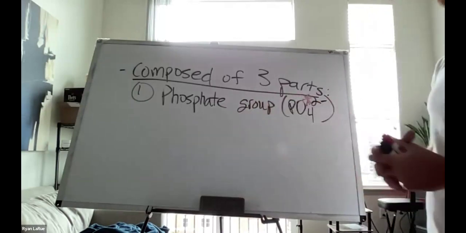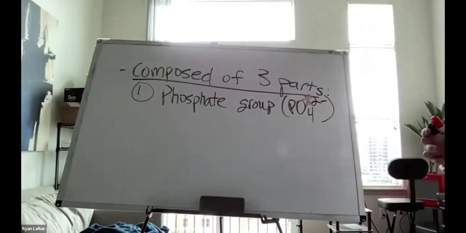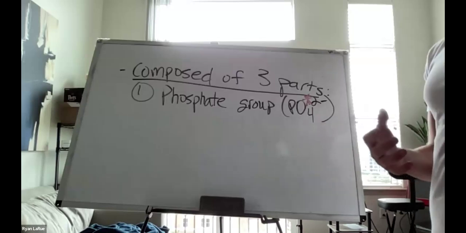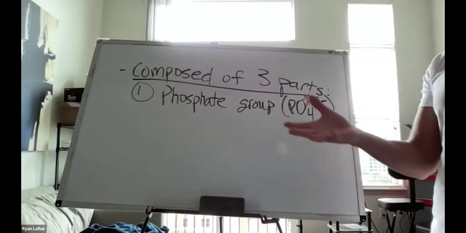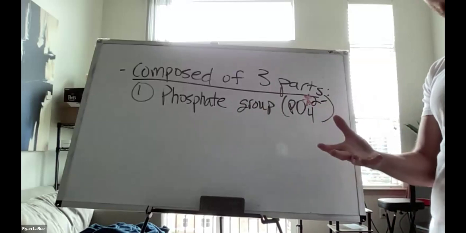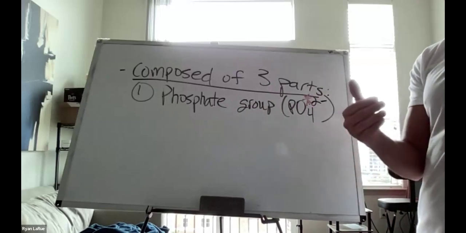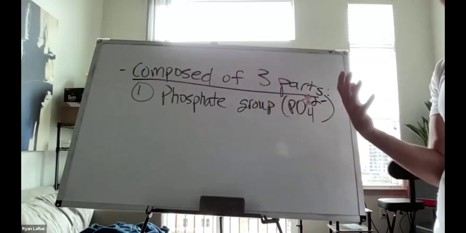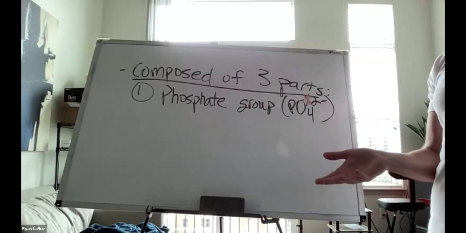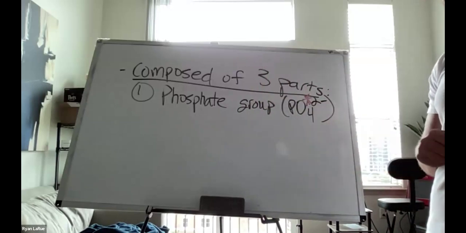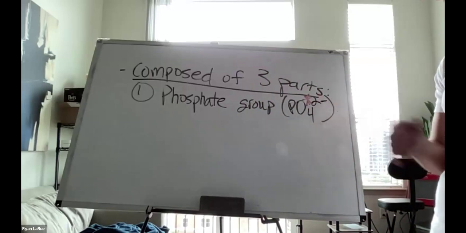Well, when we do DNA forensics and we run DNA molecules through a gel, we apply an electric current and it actually migrates through the gel primarily because it's negatively charged due to the phosphate group. So there's a lot of interesting applications for that.